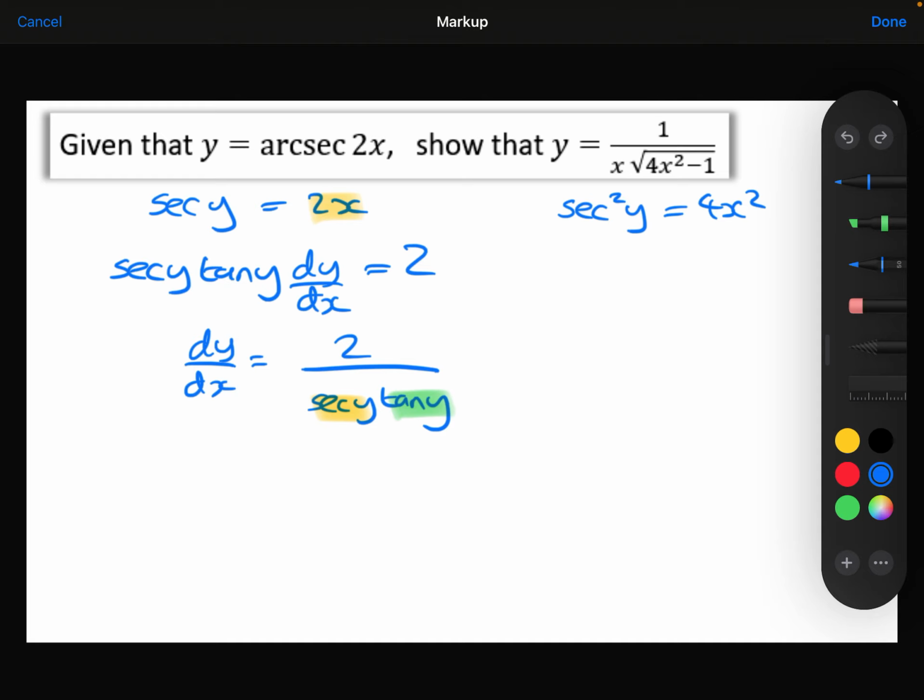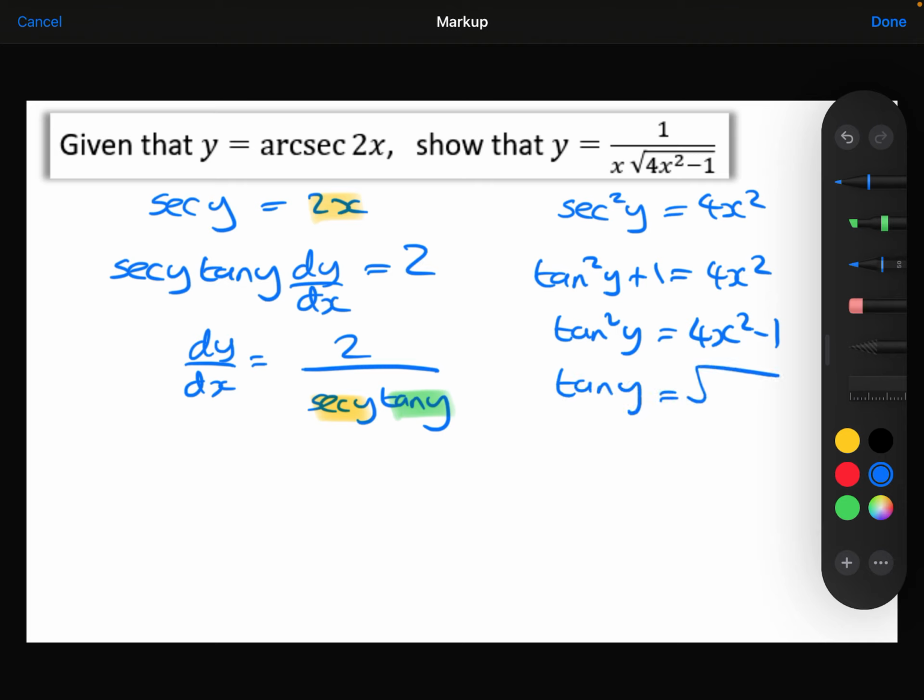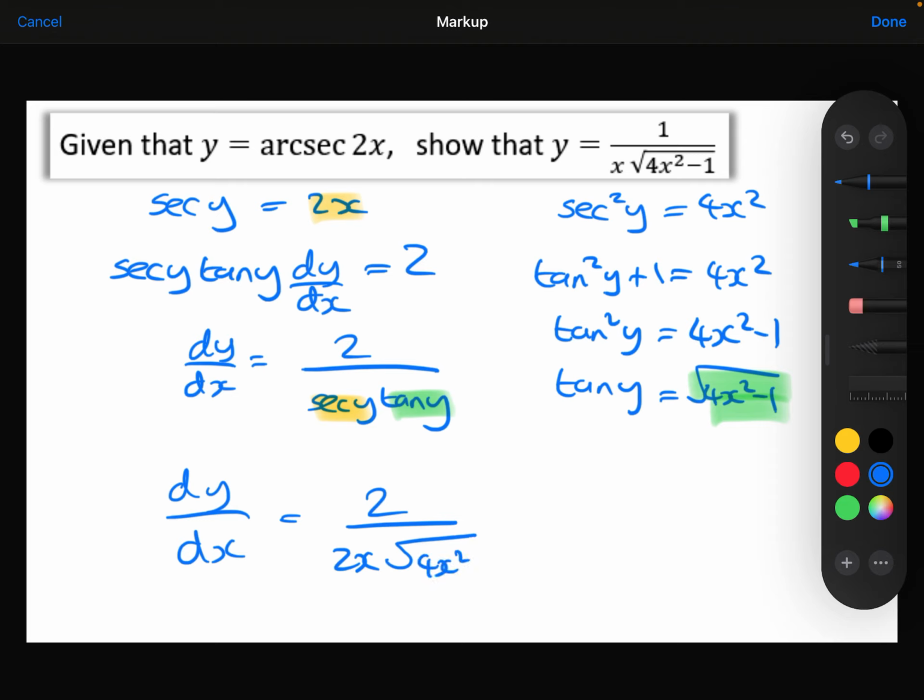And like I said, I know that tan squared y plus 1 will equal sec squared. So tan squared y will equal 4x squared minus 1. So tan y equals the square root of 4x squared minus 1. So this is my tan y. I've got the sec y, and I can replace both of them. And that does give me the result that I needed to show.